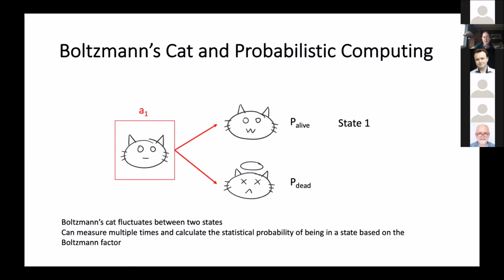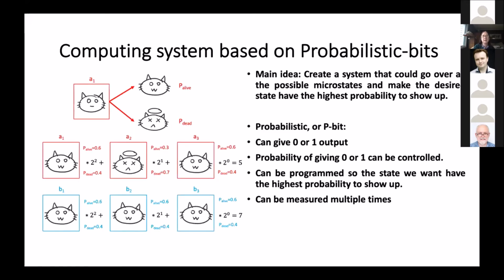In this case, you can set up with your sigmoid curve the relative probability that the cat is in the alive state or the dead state. But when you measure it, you don't destroy that probability that is programmed in; that stays the same. You can adjust the feedback, but with probabilistic computing, you're doing the measurement again and again and again and looking at the statistics to get the information.